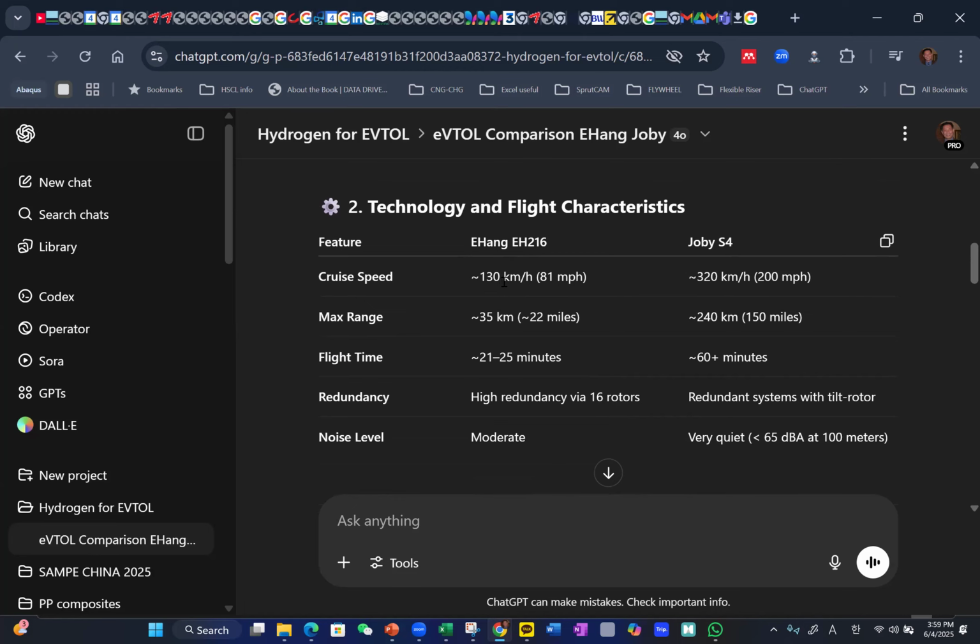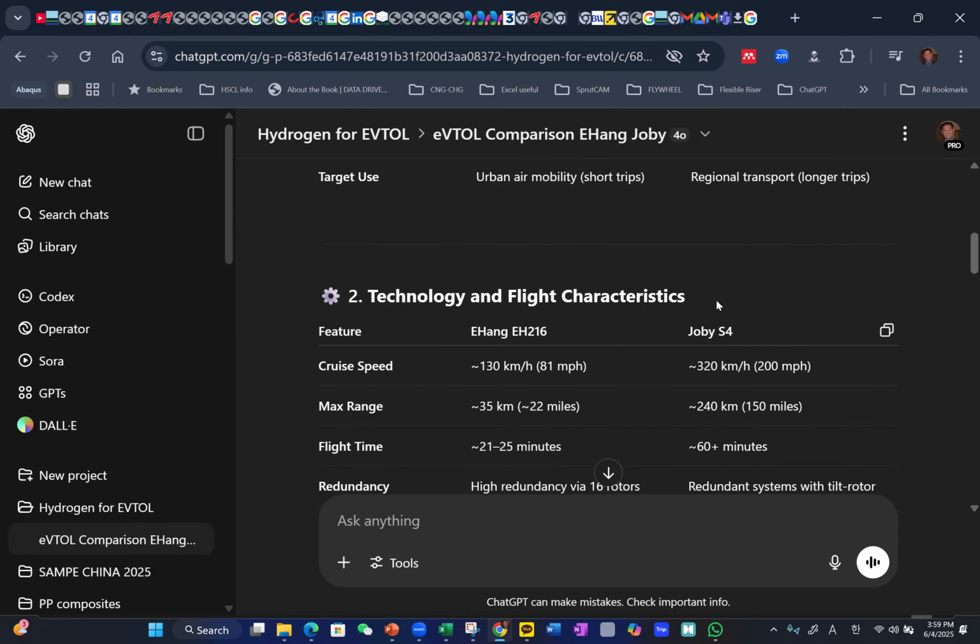Considering the speed of a regular vehicle, such as 100 kilometers per hour, now it can fly like 130 kilometers per hour. Now, the Joby system, wow, is very fast: 200 miles per hour or 320 kilometers.